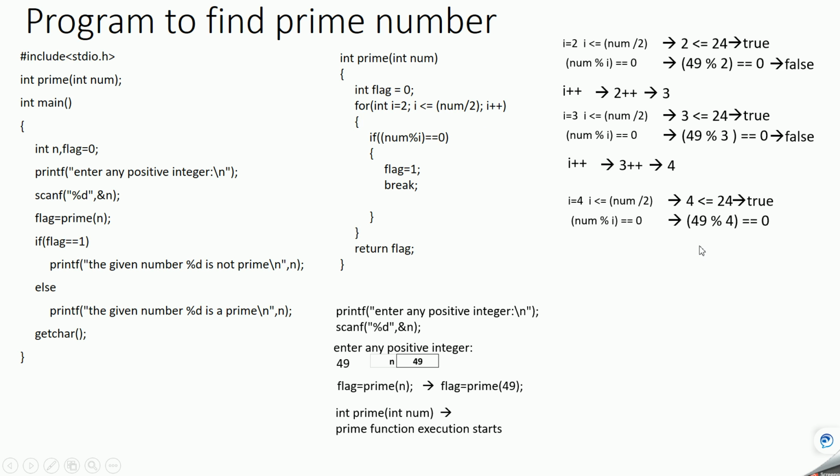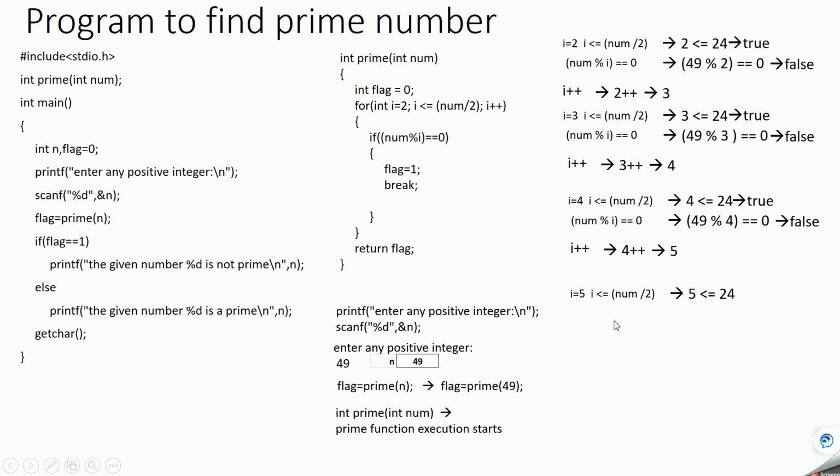So in this case also the remainder will be 1, so this condition will become false. So again it will not come here, instead it will go here and again the value of I will be incremented. So the value of I will become 5 and then again this condition check will happen.